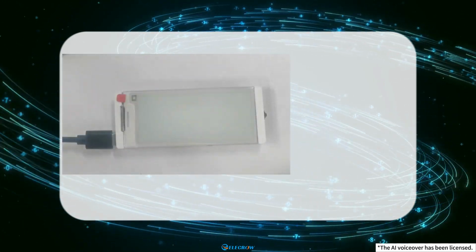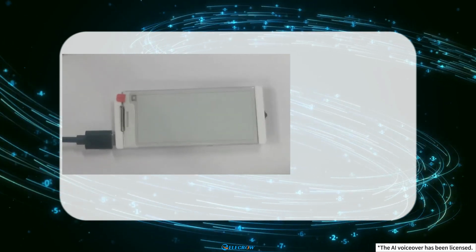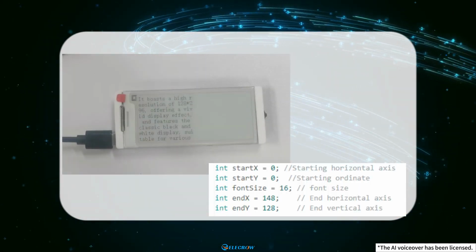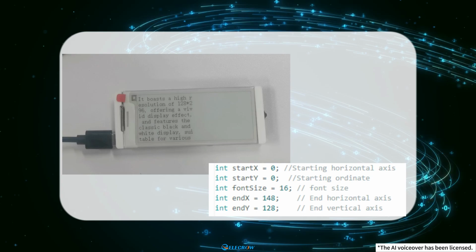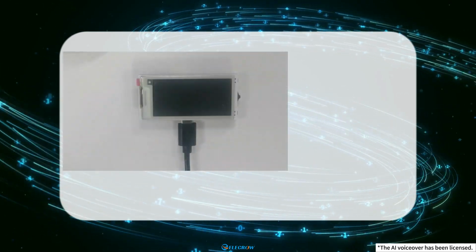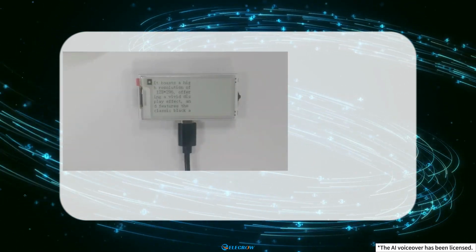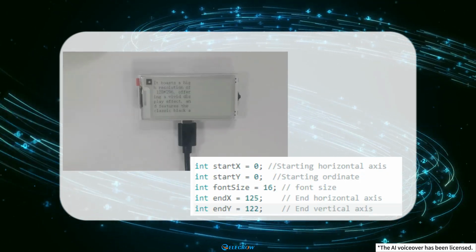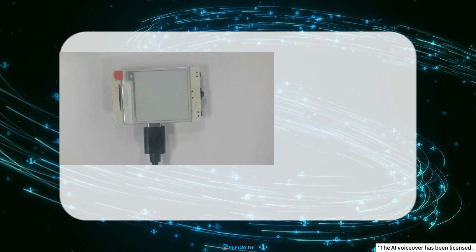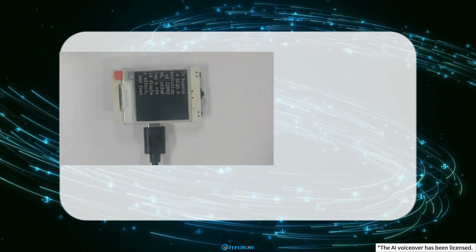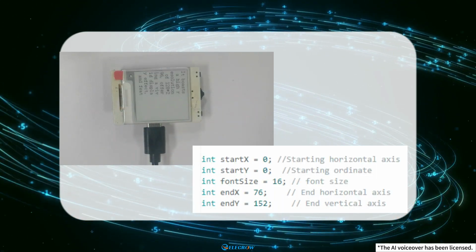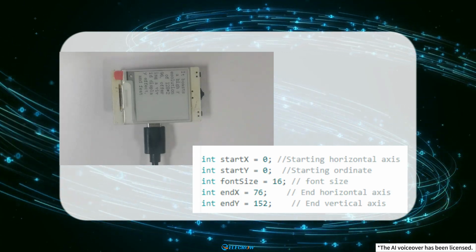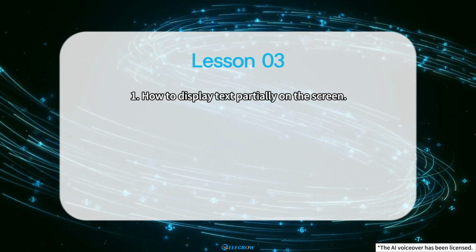The 2.9 size ink screen will display text in the range of 0 to 148, 128. The 2.13 size ink screen will display text in the range of 0 to 125, 122. The 1.54 size screen will display text in the range of 0 to 76, 152. That's all for displaying text locally.